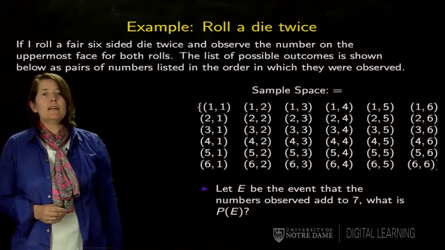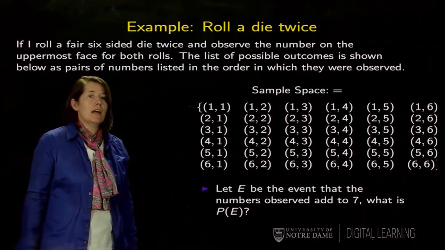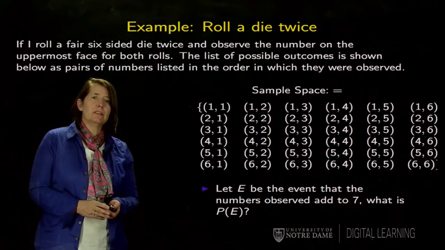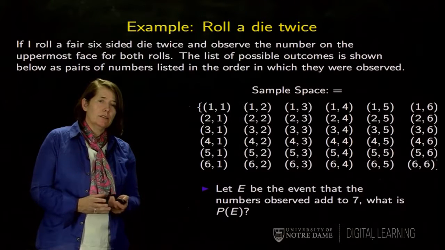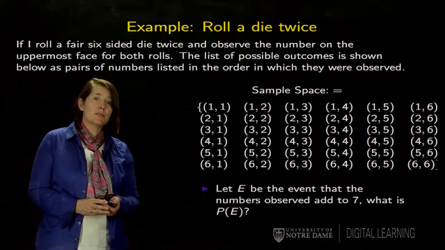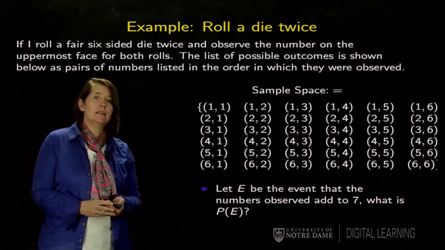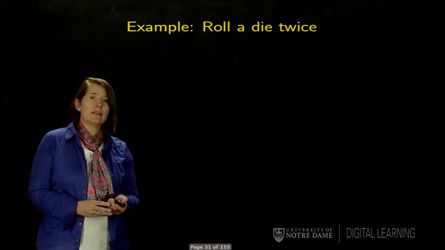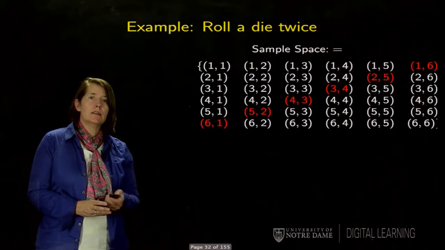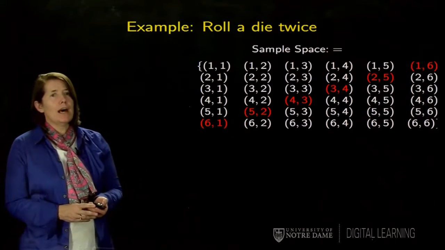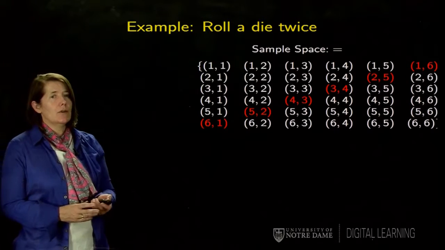Let E be the event that the numbers observed add to 7. What's the probability of E? Well, to find that, we list the simple outcomes in the event E and then calculate their probabilities and add them. Here I've highlighted the simple outcomes in E in red.